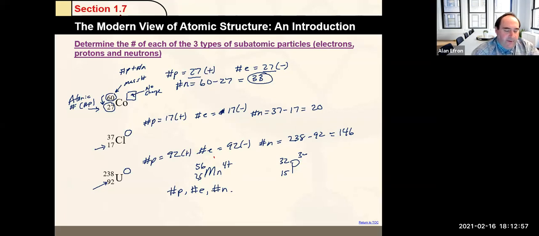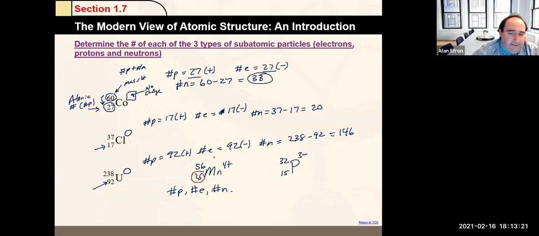So we'll start with the one on the left, which is Mn, manganese, and let's take a look at what we've got going on. Again, it does give you some information here. We do have the atomic number given to us, which is 25. And if it wasn't given to us, we could go to the periodic table and find the number there.